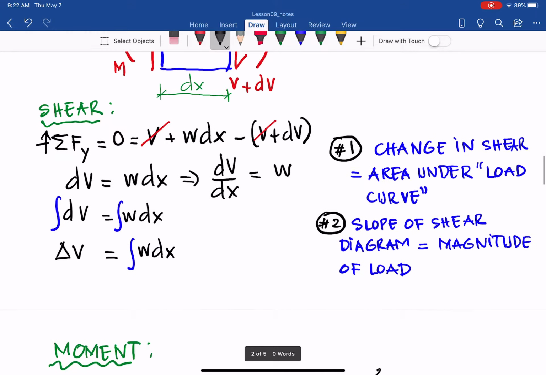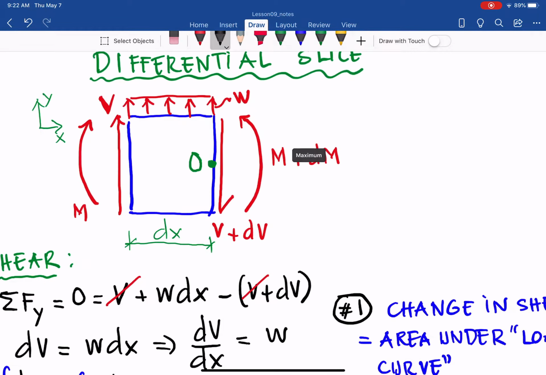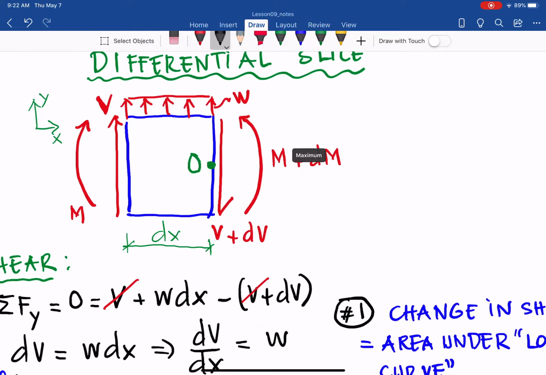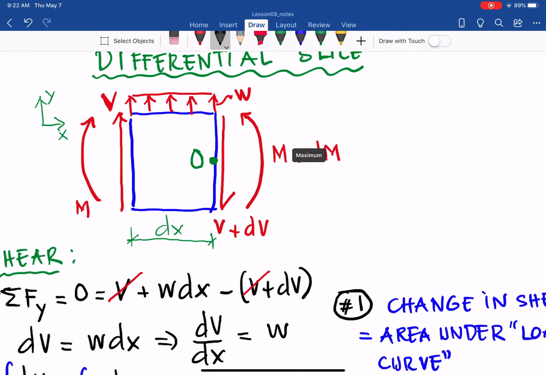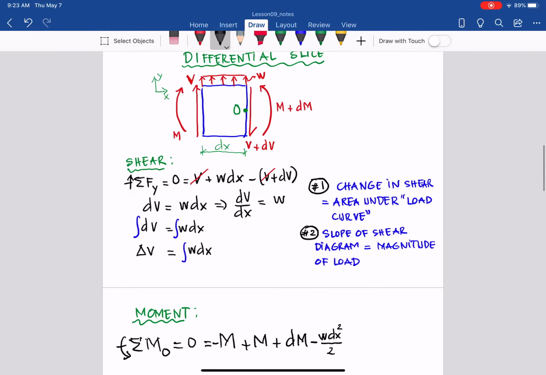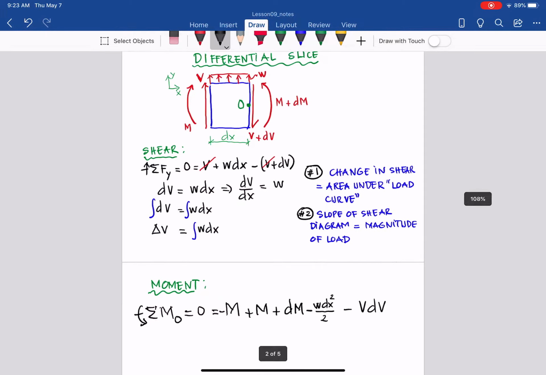And then we have the V on the left side times dx. It will be a moment, and in this case negative because of clockwise rotation, the V on the left side about O, so negative V dx. The V plus dV goes through O, so it's 0; we don't have it in there. So you will have negative V dx due to the internal load V on the left side.